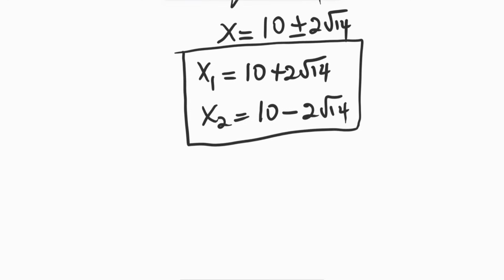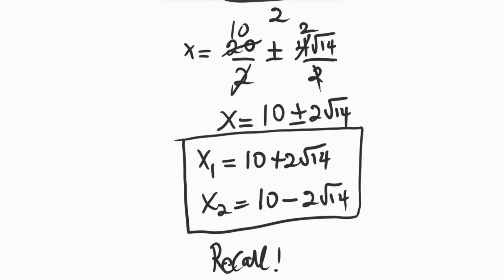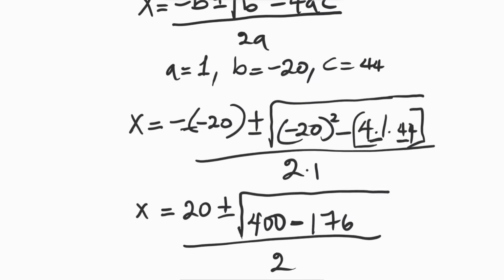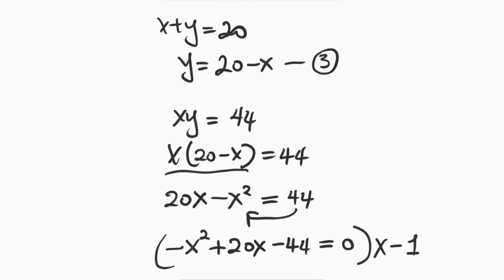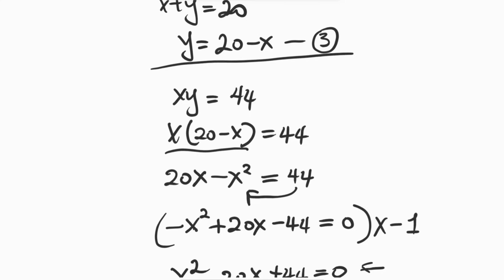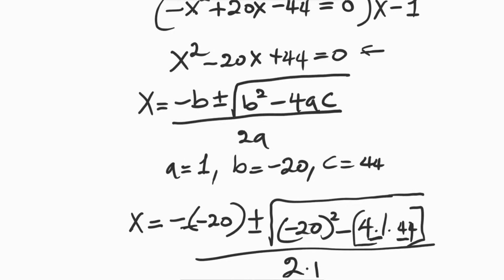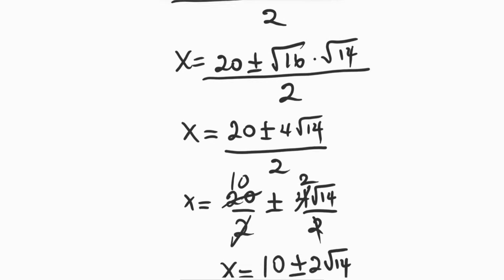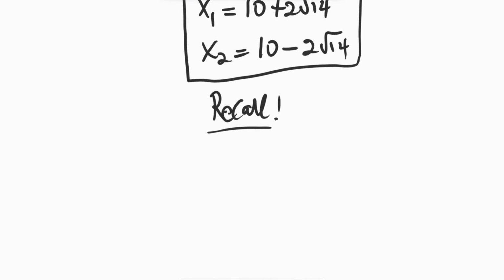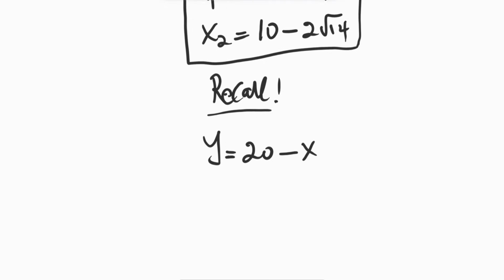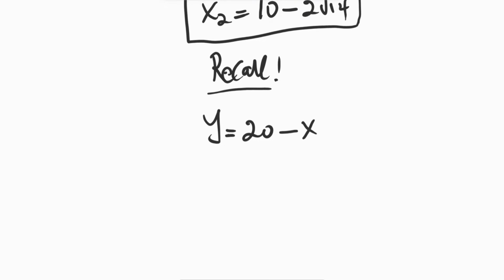Now if we recall, we remember that equation 3 states that our y is equal to 20 minus x. Recall that y is equal to 20 minus x because we're supposed to find x and y. Now we found two values of x. Let's try to find the values of y.